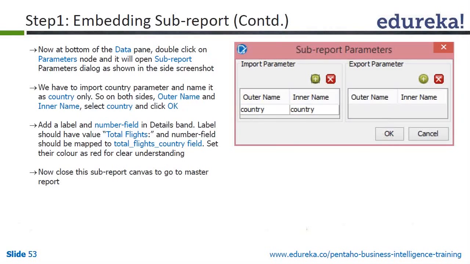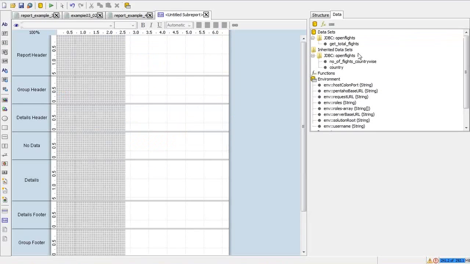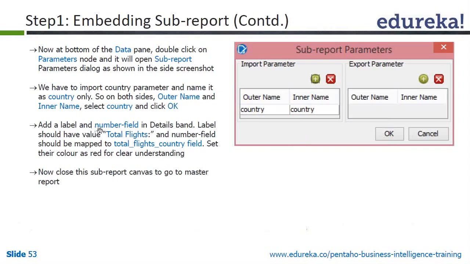Now we clicked on OK. Now we need to add a label and number field in the details band, which will capture the number of flights for that specific country, which is passed from the master report. Just for distinction purposes, we will make the color red.